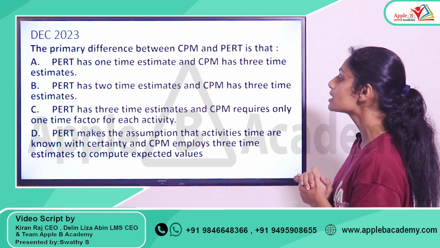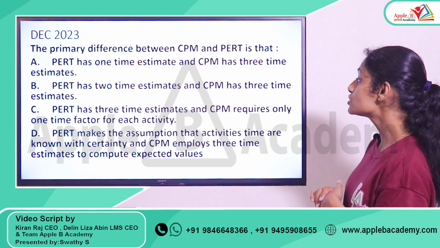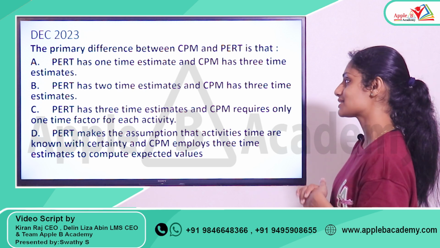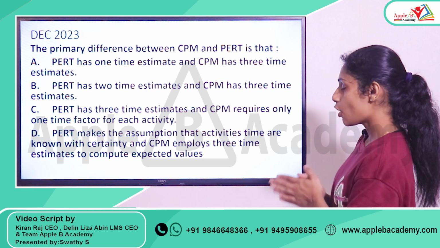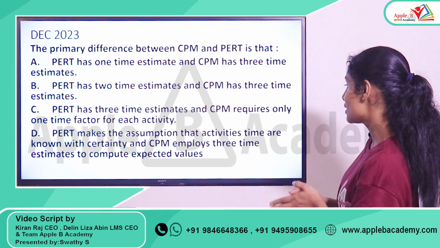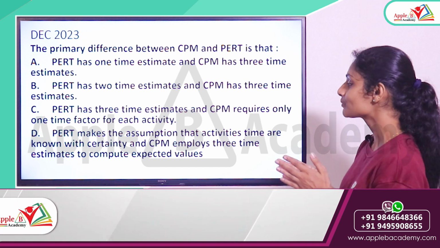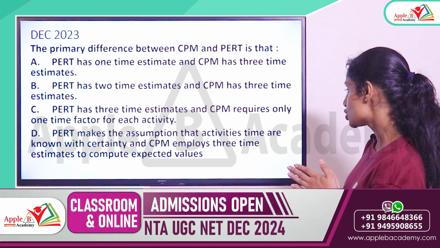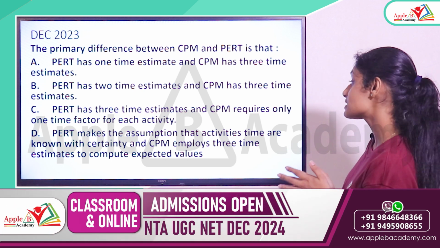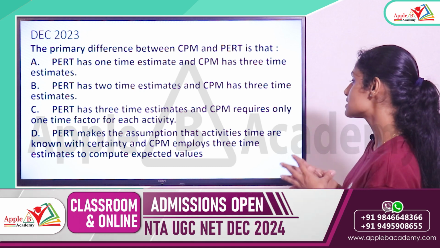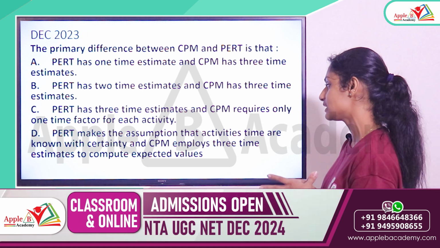What about option B? PERT has 2 time estimates and CPM has 3. That's also wrong. Option C: PERT has 3 time estimates and CPM requires only 1 time factor for each activity. That is true. Finally, option D: PERT assumes that activity times are known with certainty, and CPM employs 3 time estimates to compute expected value.